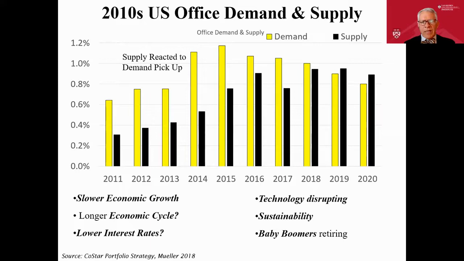And our most recent decade, fortunately, more demand than supply up until 2019 and 2020. And so, we're getting this technology disruption and change in how office demand is going to be used that we're not quite sure of yet. So next slide.